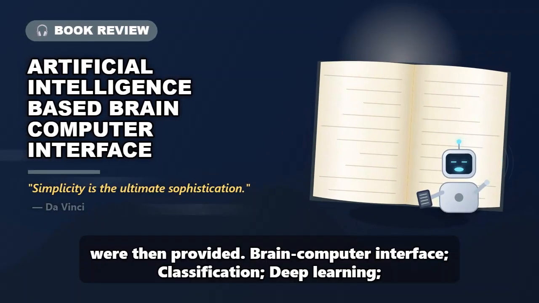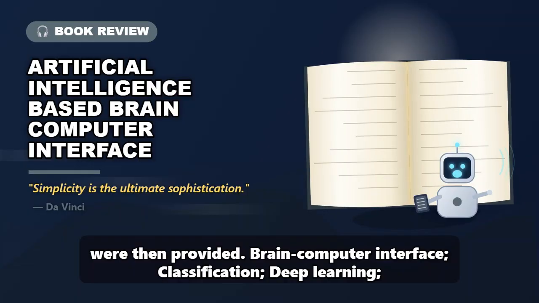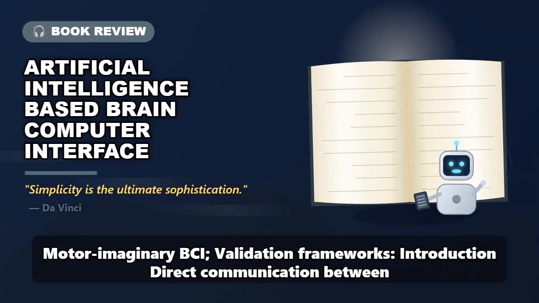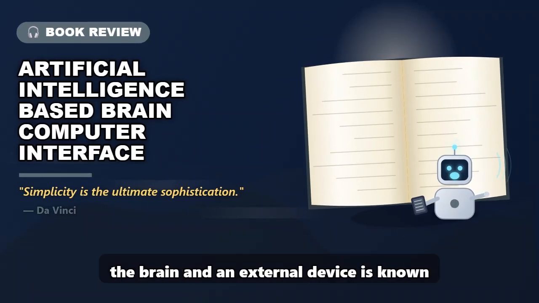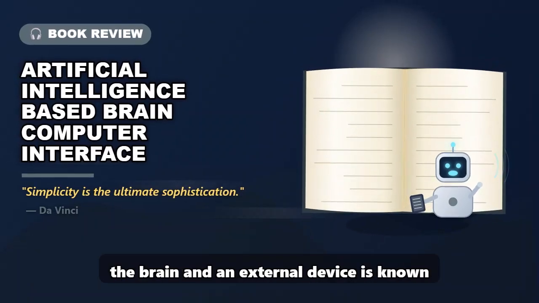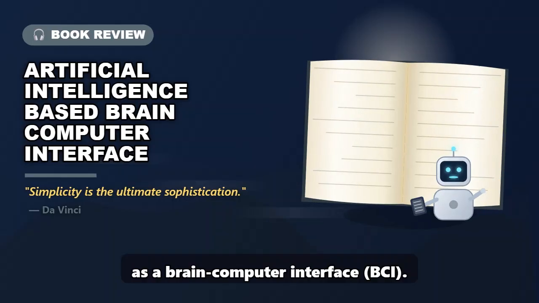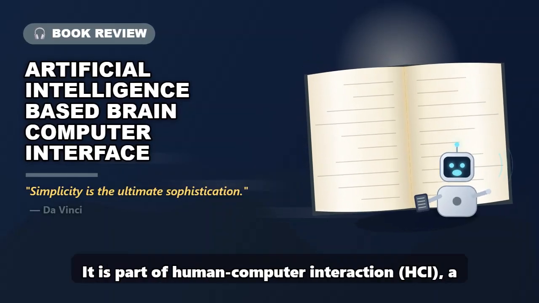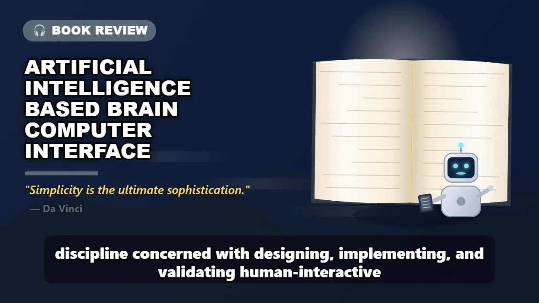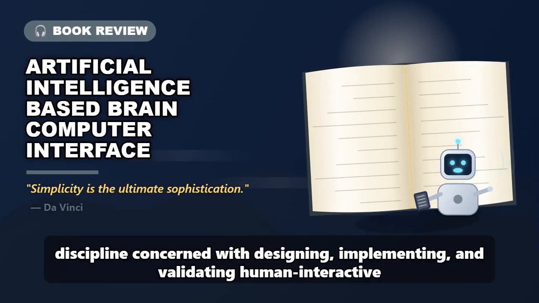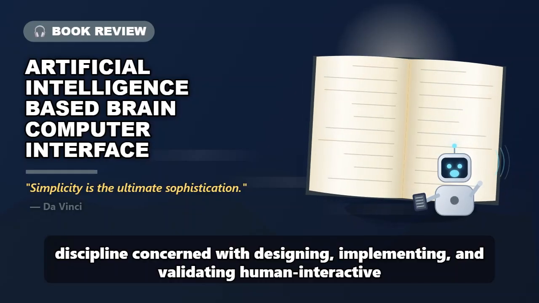Brain-computer interface, classification, deep learning, motor imagery BCI, validation frameworks. Introduction: direct communication between the brain and an external device is known as a brain-computer interface, BCI. It is part of human-computer interaction, HCI, a discipline concerned with designing, implementing, and validating human interactive systems.